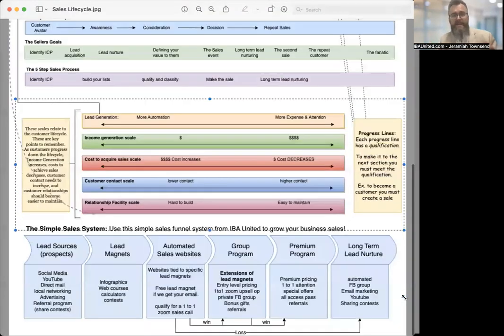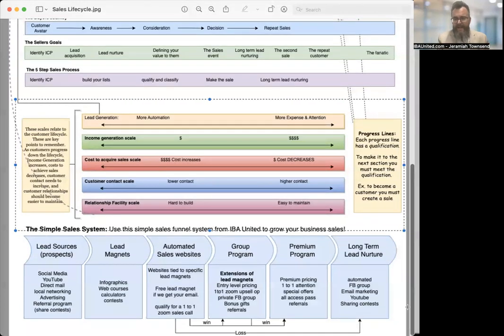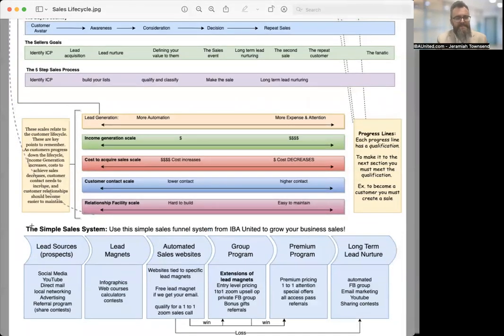Now, really quick, in the next couple of minutes, I want to go over this last section, which is the simple sales system. I created this system, the simple sales system, here at the very bottom. Generate some lead sources, which are your prospects.